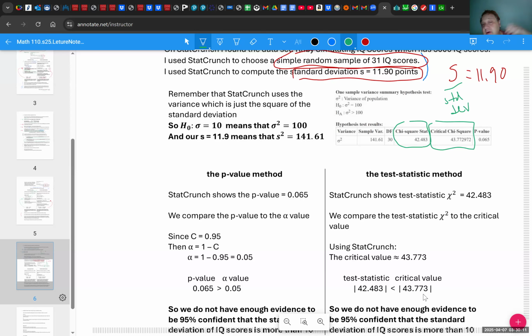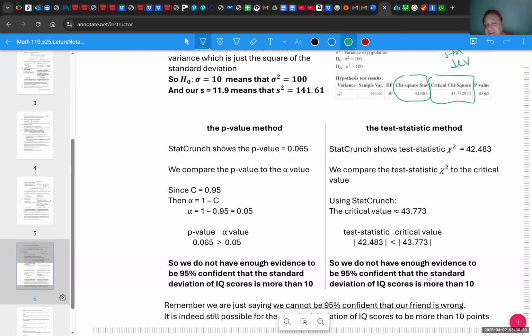According to what we saw before, and I can show you again if you'd like, if the statistic is bigger than the critical value, then we reject. If the test statistic is smaller than the critical value, then we do not reject. So in this case, the test statistic is lower than the critical value. So we do not have enough evidence to be 95% confident that the standard deviation is actually more than 10, or is not equal to 10.